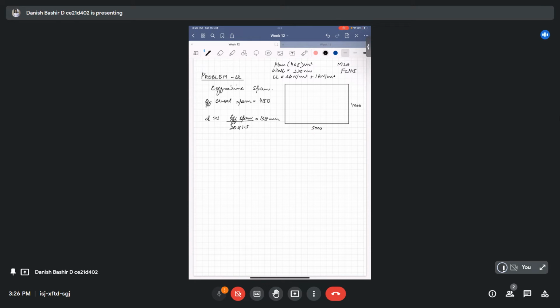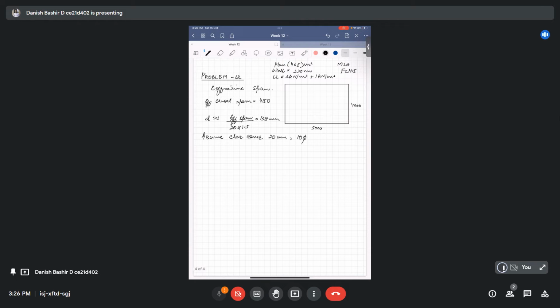Okay, assume clear cover of 20 mm. Because mild exposure conditions we are assuming, and for preliminary we are assuming 10 mm diameter bars.